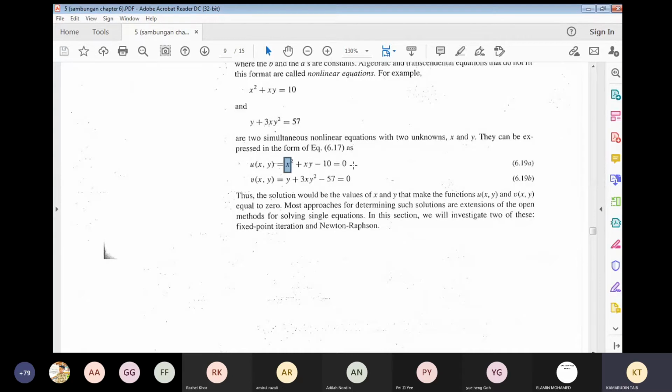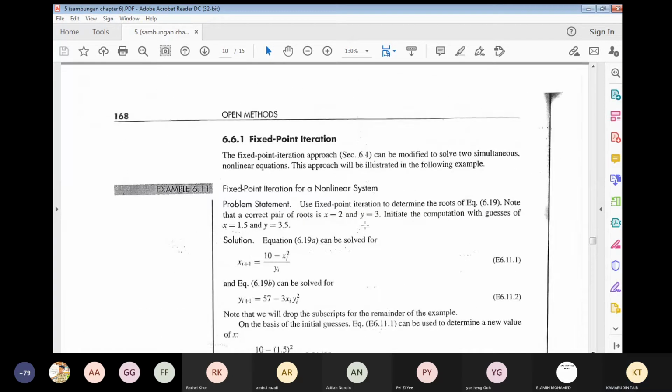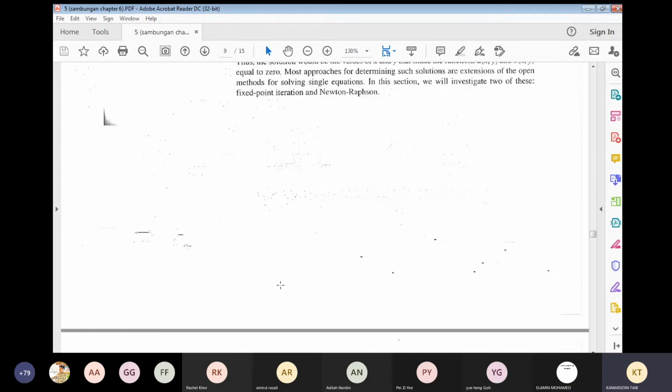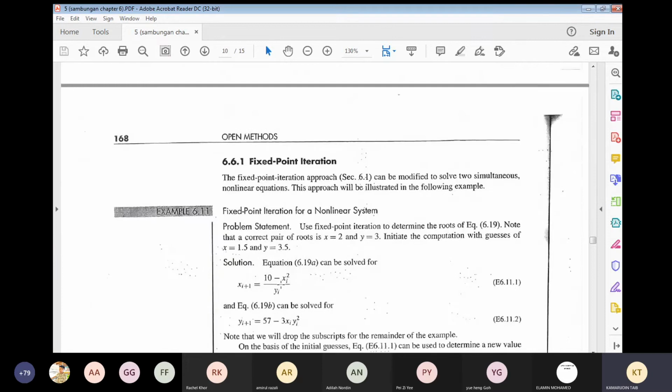Also no problem. And then the b equation, we write it as y equal, so for this particular example, y equals 57 minus 3xy squared.